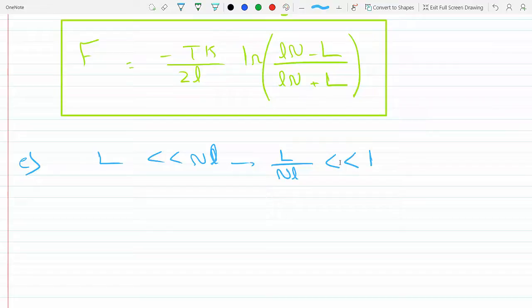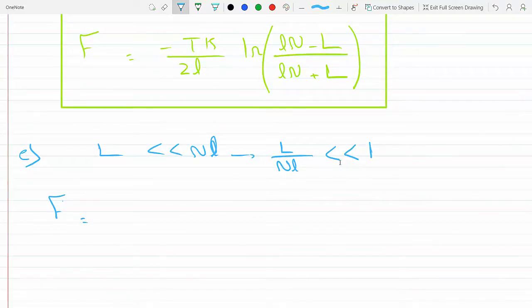Okay, so if I go back to the force, F, I will rewrite it and do a Taylor series approximation on the ln to get to the desired result. So I'm trying to get L over nl so I could make the approximation.